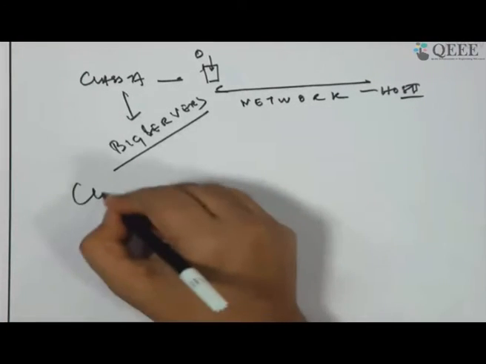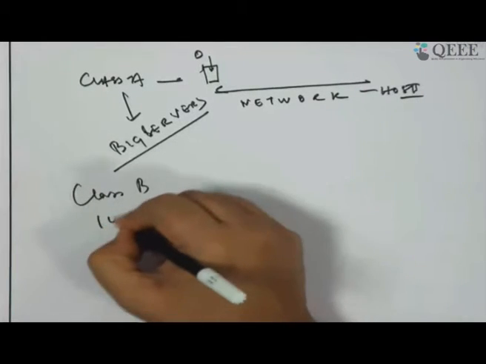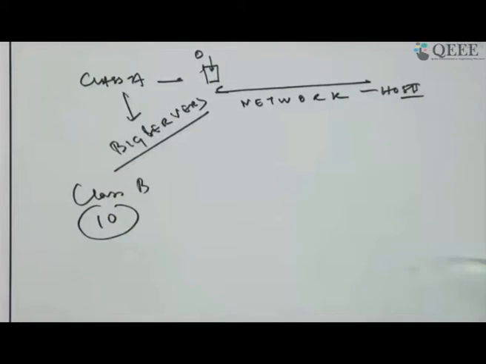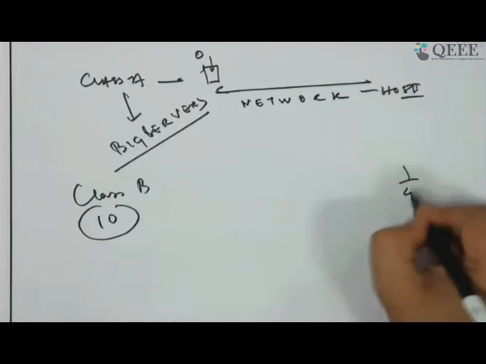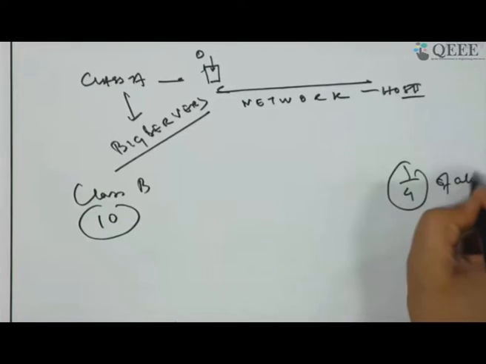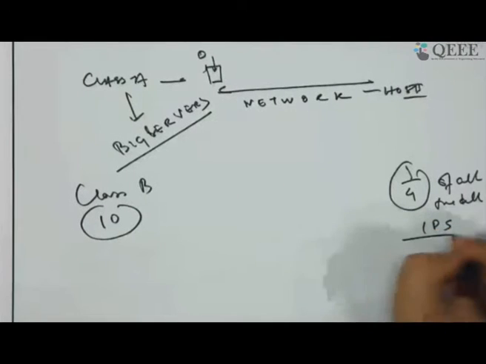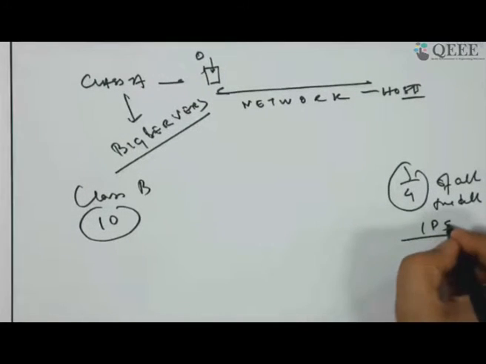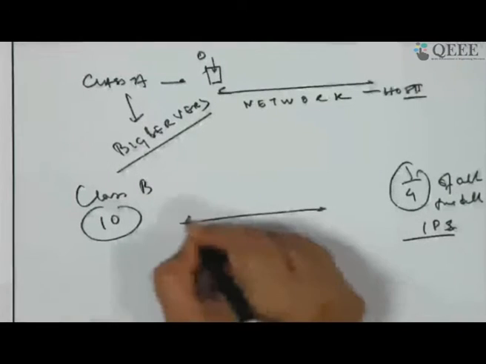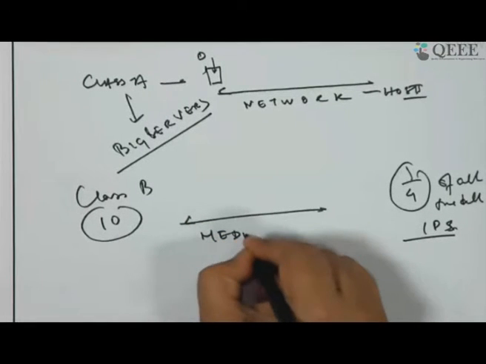Then class B was 10. 10 means one fourth of all the IPs, and here also it was thought that this would be used for medium range servers.